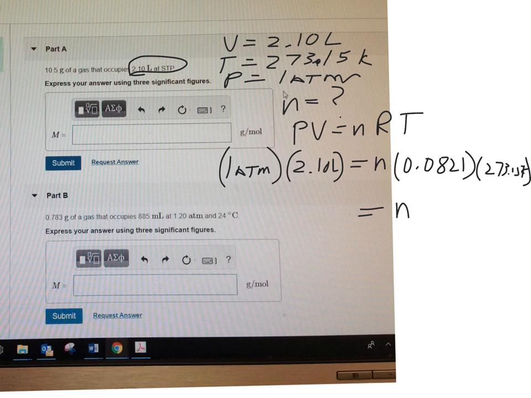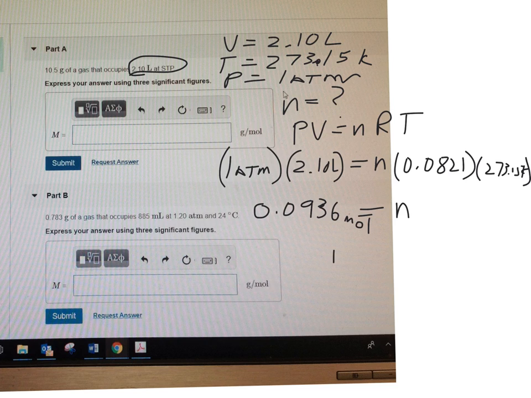So we can solve for a number of moles, and that gives us 2.1 divided by 0.0821 divided by 273.15 equals 0.0936 moles.